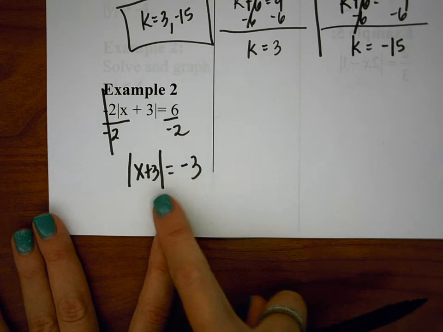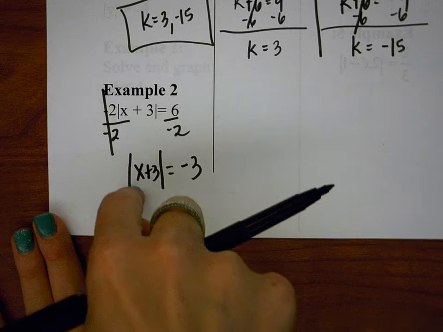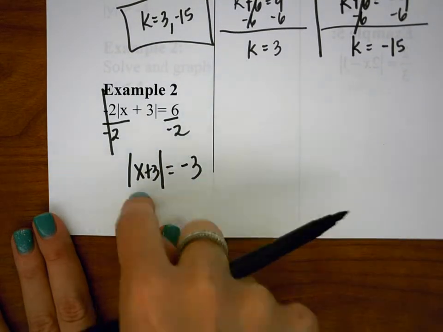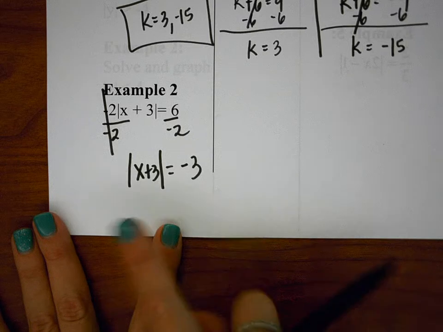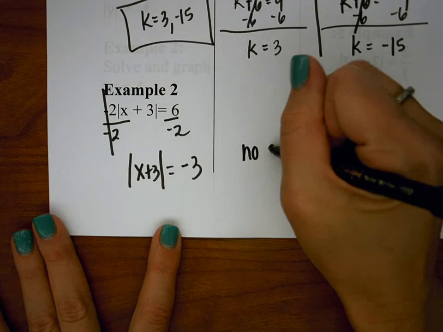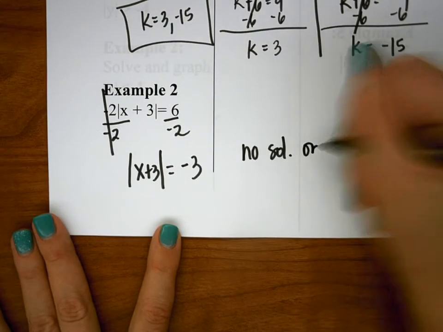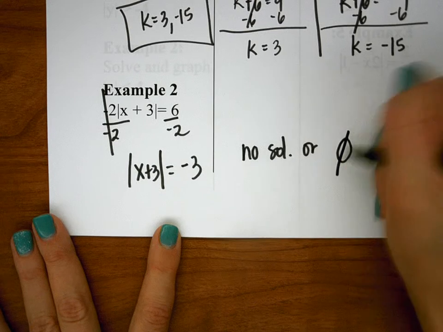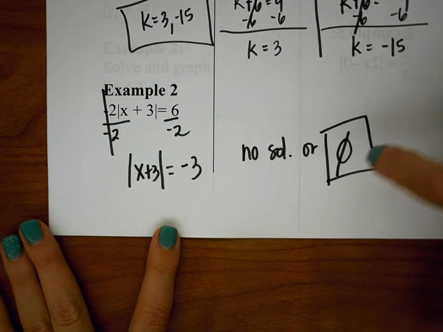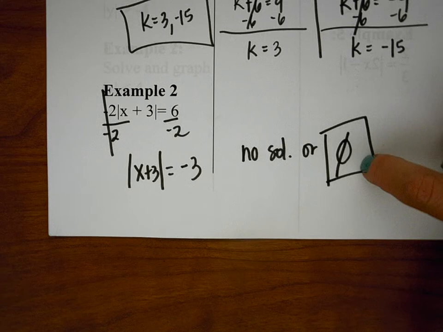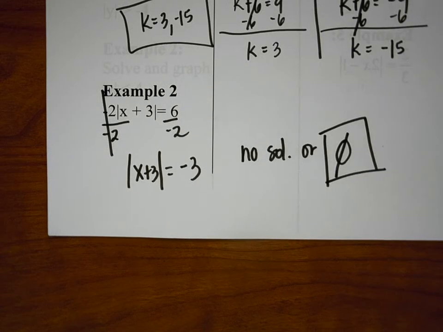Because there is no way of having a negative in here and it coming out and being negative. Any number in here, when it comes out, it's going to be a positive. So this answer is no solution. Or instead of writing no solution, you can do your 0 with a line through it, and that means no solution. If I wrote just 0, that would be an answer, which would be wrong, but 0 with a line through it means no solution.